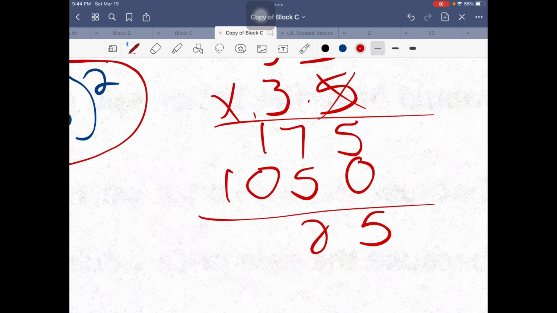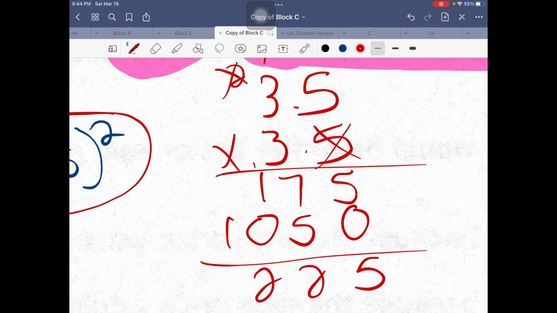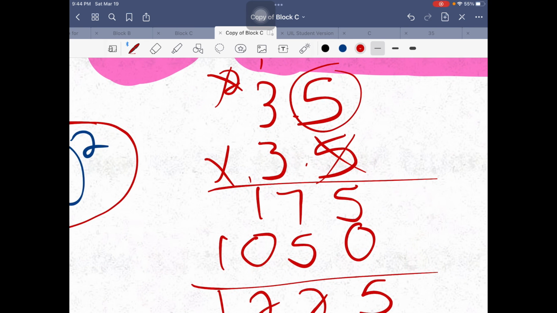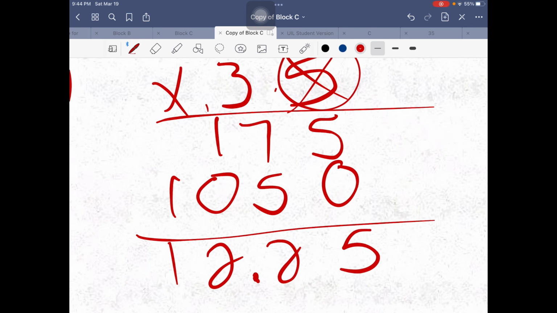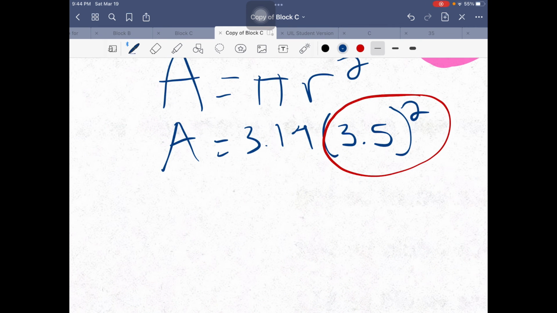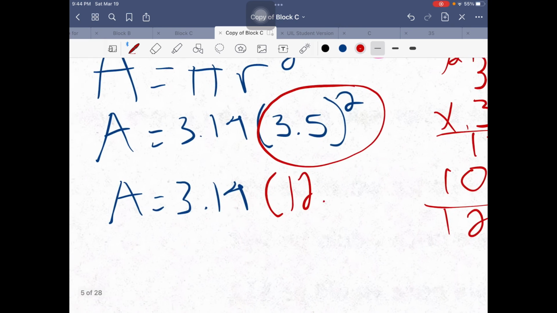And the 1 goes here. 1 plus 1 is 2. And then the 1, you bring it down. How many decimal places? 1, 2. There we go. So if we continue, we have A equals 3.14 times 12.25, correct?